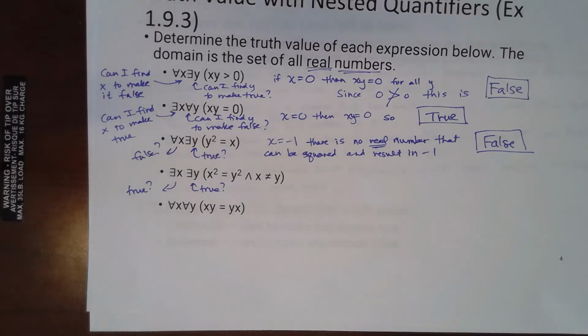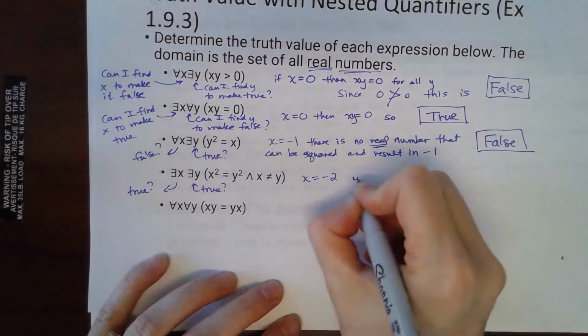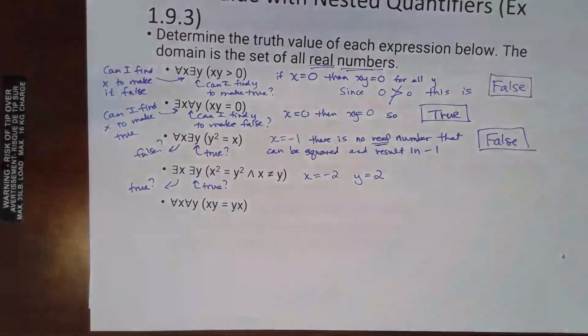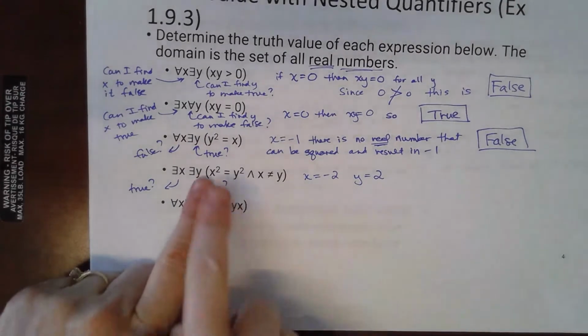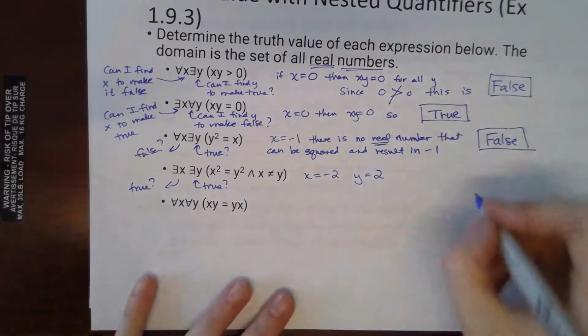So can I find an X and a Y where their squares are the same, but they're not the same number? Yeah, Josh. -2 and 2. So if I choose X is -2 and Y equals +2, certainly their squares are equal and they are not themselves equal. So this one is true.